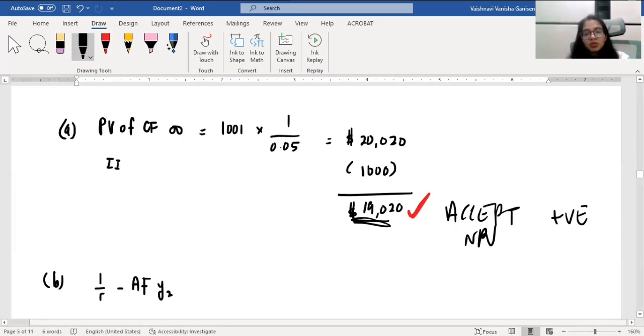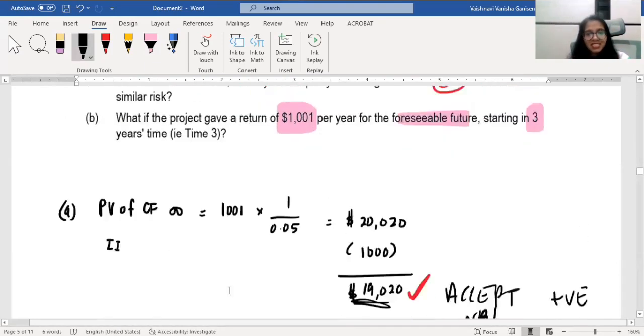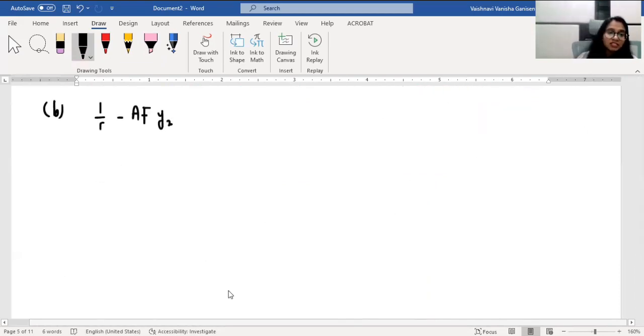So 1 over 0.05 minus the annuity factor for year 2. What is my annuity factor for year 2? I think it's 1.859, which is 1.05 to the power of negative 2, 1 minus the answer, over 0.05.